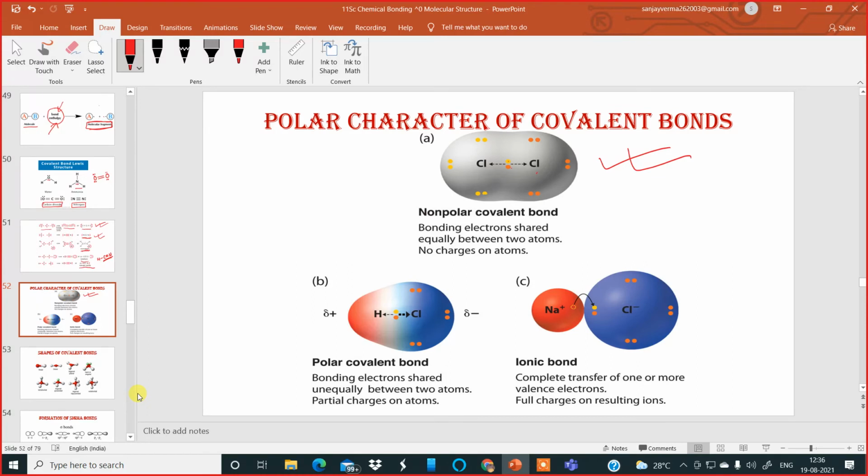That's why this chlorine molecule has a non-polar covalent bond. The bonding electrons are shared equally between two atoms. No charges are on the atoms. After that, look at number B. This is the hydrogen chloride molecule.